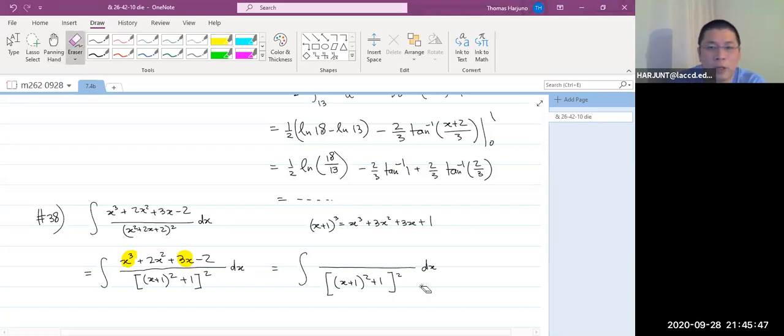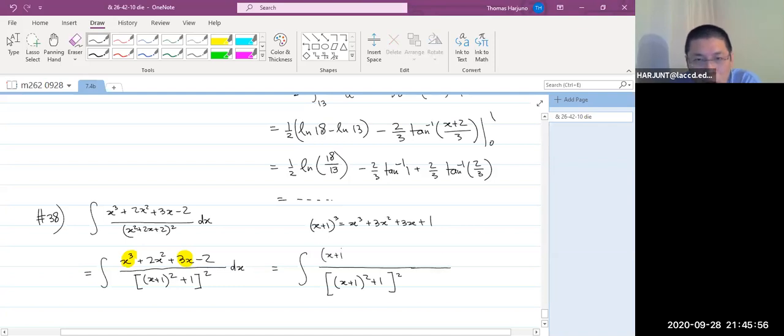Maybe I write it this way. This is x cubed plus 3x squared plus 3x plus 1.